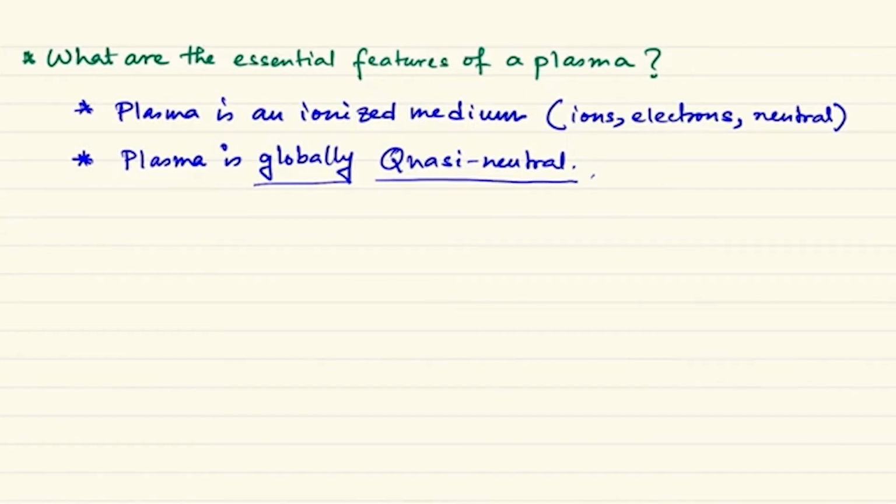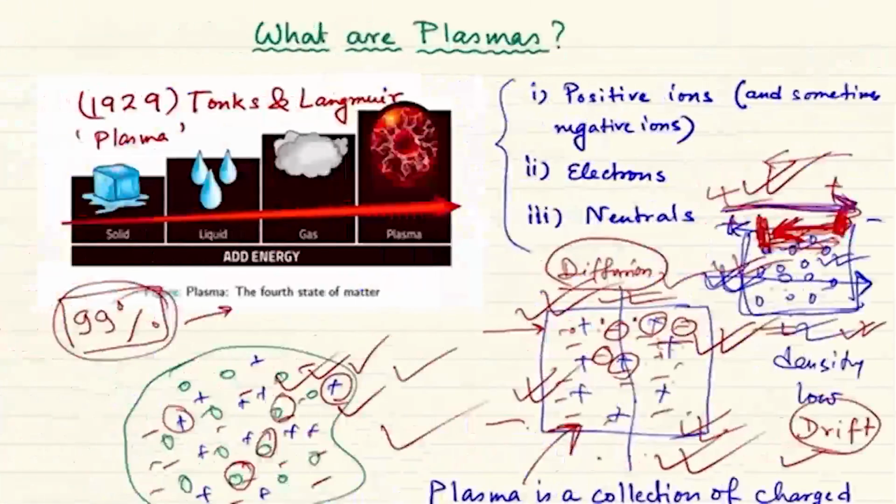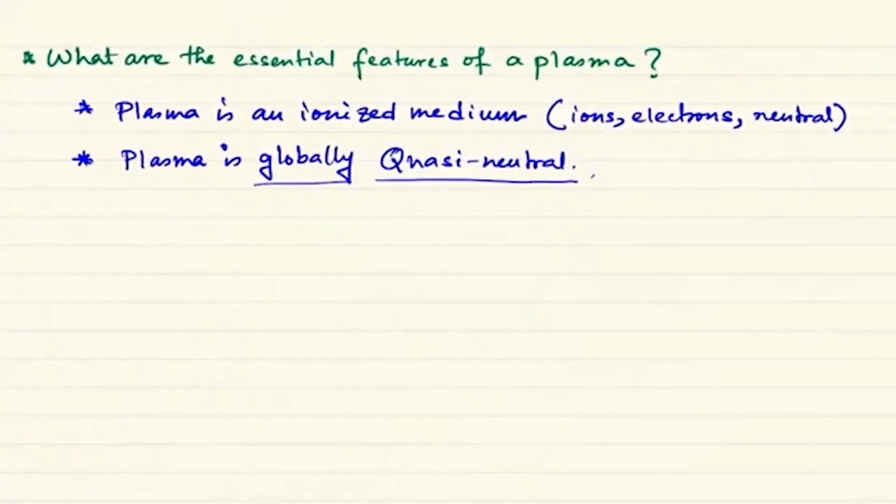Okay, so if you take a local neighborhood of any plasma particle, the question is whether in this neighborhood the total charge density is zero or not. The answer is: not necessarily.